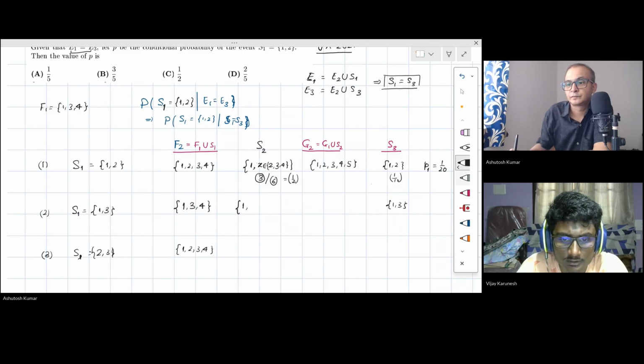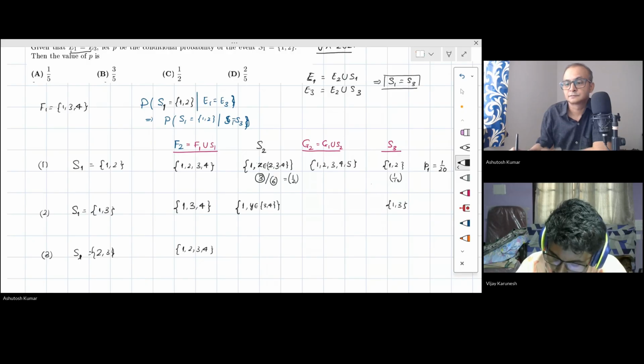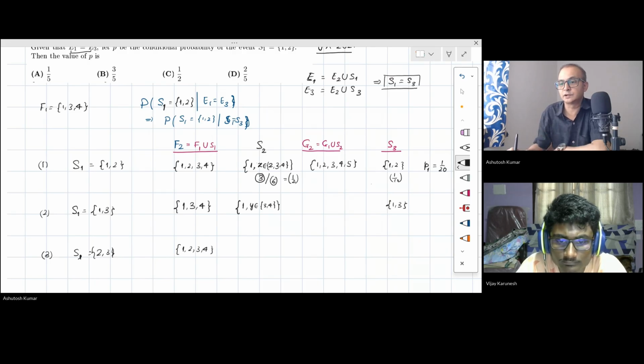So 1 I'm just calling y again, and y belongs to 3 or 4, correct? Now tell me the probability of this. 1 is already selected, so basically you are selecting 2 items from 3 items, but favorable is 1 y, 1 comma 3 and 1 comma 2, 4.